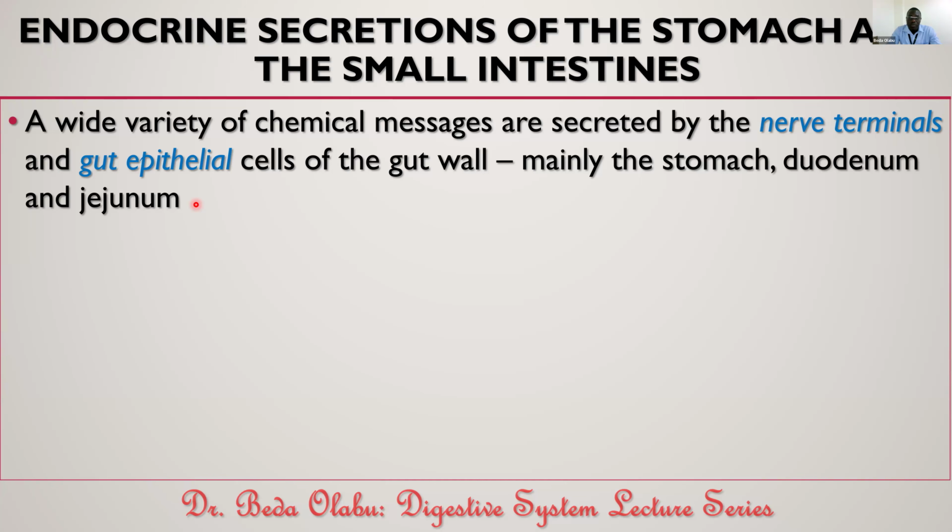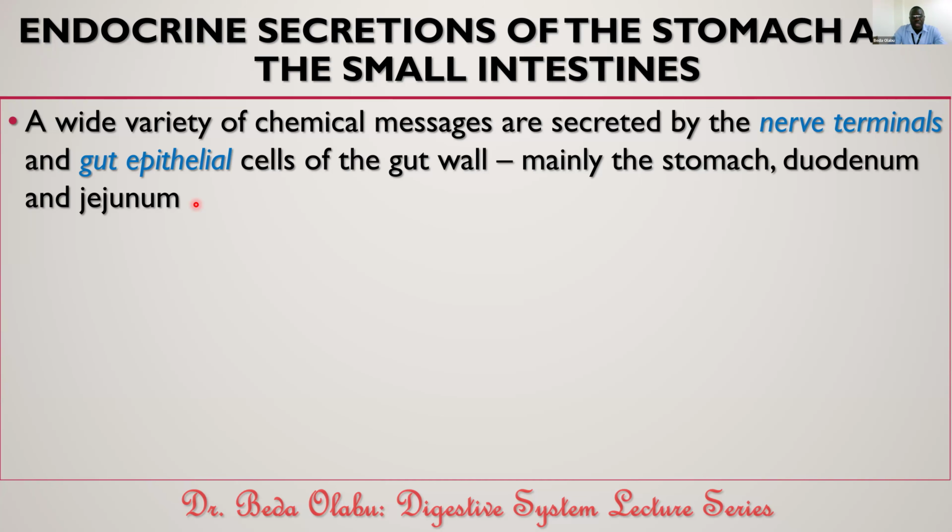These hormonal substances are produced either by the nerve terminals within the gut wall, which means the enteric nervous system, or they're released by epithelial cells within the gut wall. The epithelial cells in the gut wall that produce these hormones are the ones we call the enteroendocrine cells.